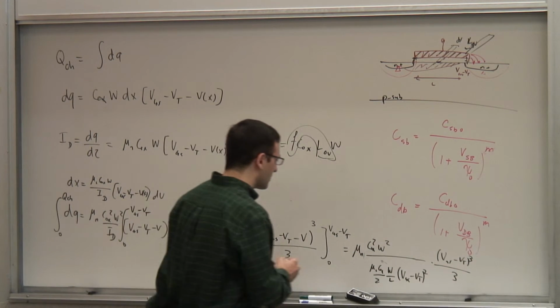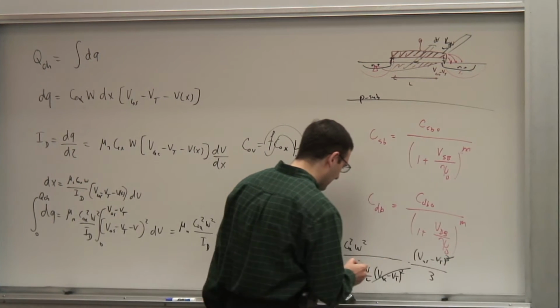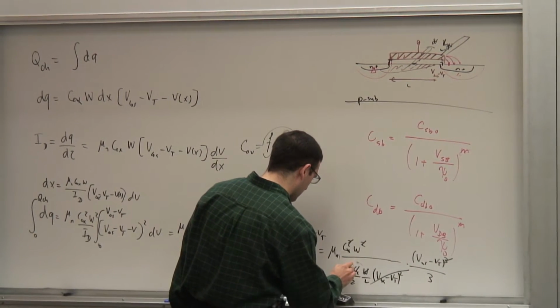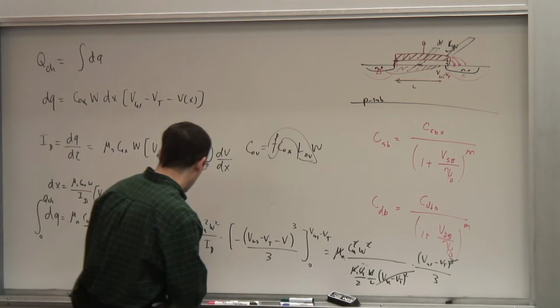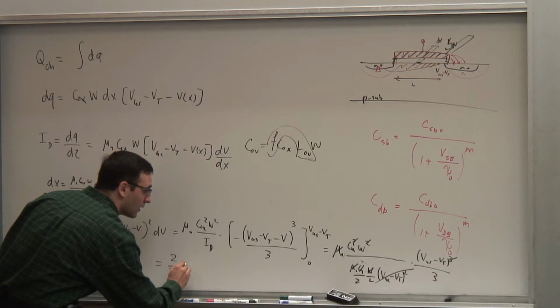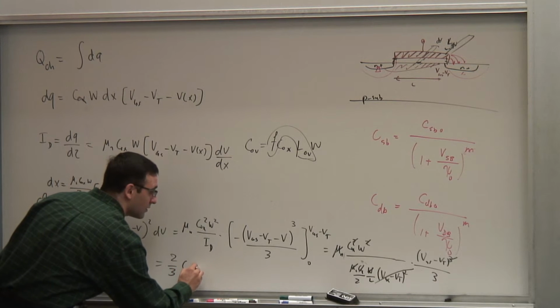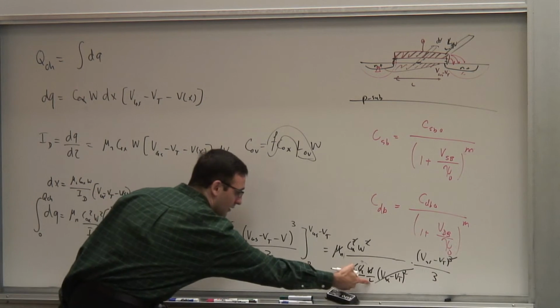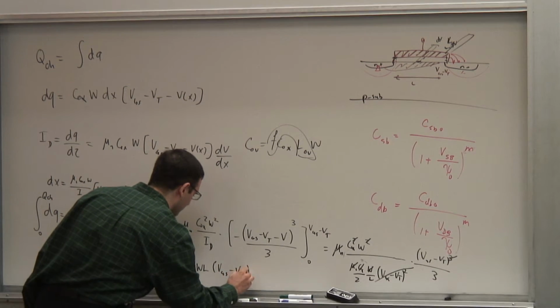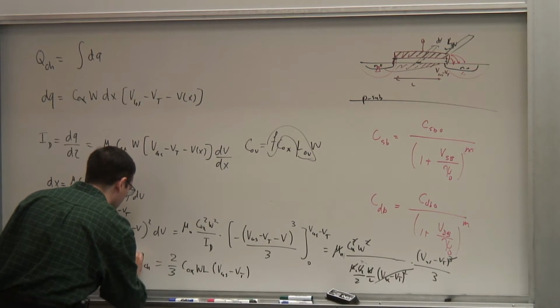Right? So these guys cancel that, this cancels that, this cancels that, this guy cancels that, and I'm left with 2/3 Cox W L, VGS minus VT. So that's the Q channel.